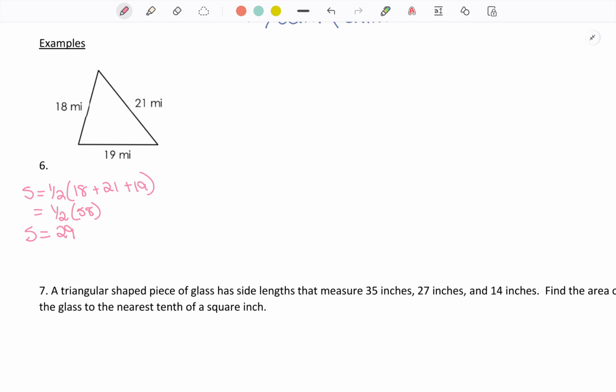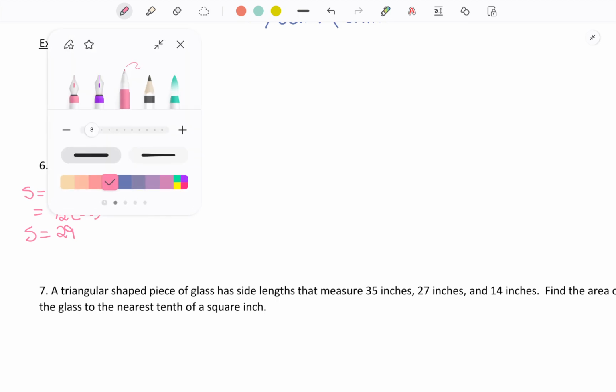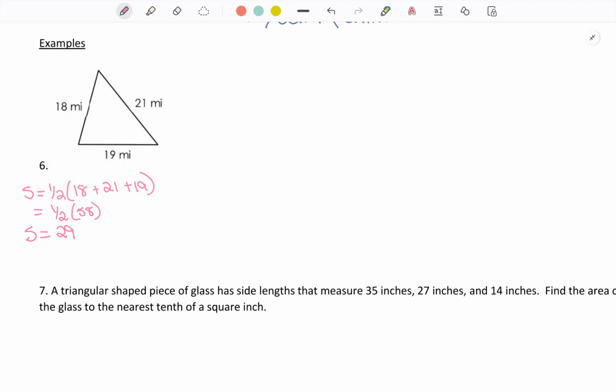So that's what we will use for S. And then underneath that radical, we'll have A equals the square root. Make a big long one. We got a lot to put under there. We have 29 for that semi-perimeter. And then 29 minus 18. I usually just go around the triangle. So 29 minus 19. And then 29 minus 21.